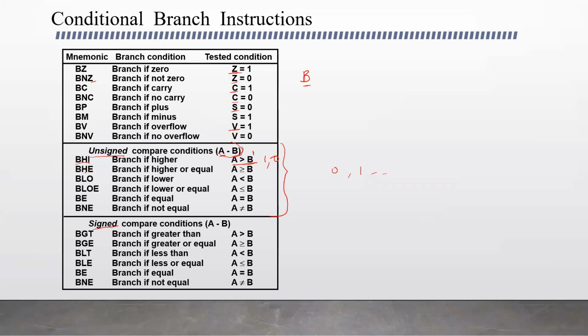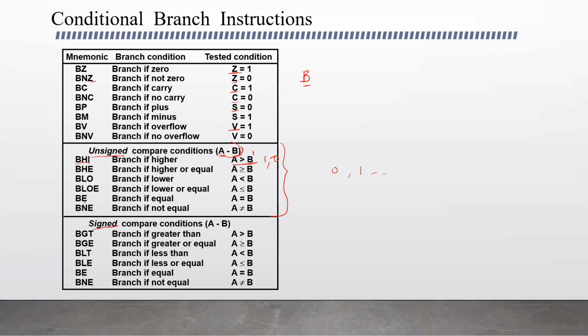And the second one, branch if higher or equal: A is greater than or equal to B. Then this branching is done. And BLO is branch if lower, meaning A is less than B, the value of A is lower than the value of B. And lower or equal is written as BLOE.